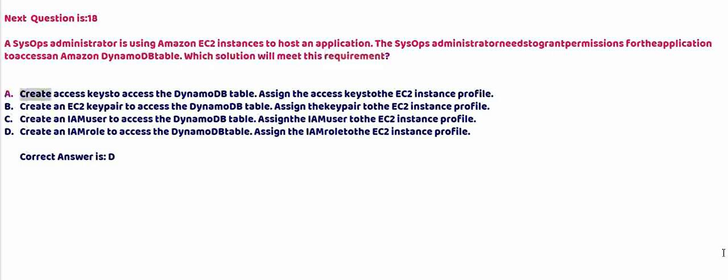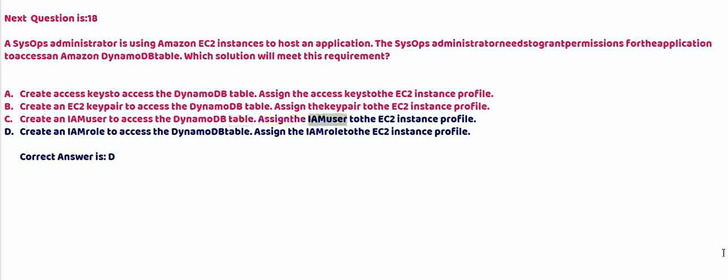A. Create access keys to access the DynamoDB table. Assign the access keys to the EC2 instance profile. B. Create an EC2 key pair to access the DynamoDB table. Assign the key pair to the EC2 instance profile. C. Create an IAM user to access the DynamoDB table.